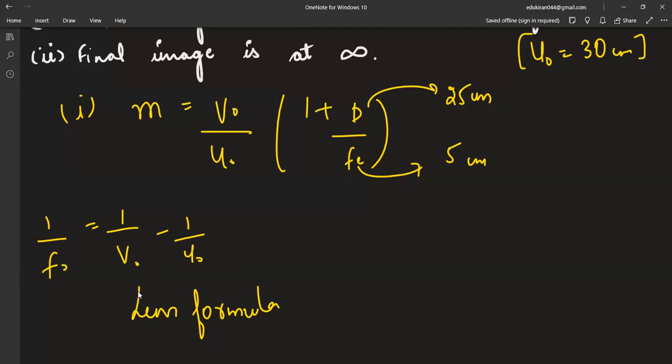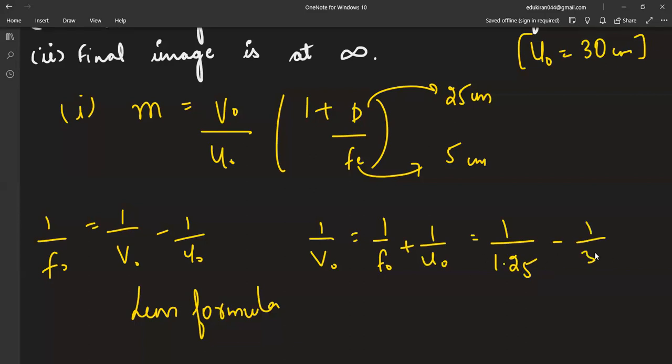That's why we'll be using the lens formula. Now see, 1 by V naught will be equal to 1 by F naught plus 1 by U naught. So 1 by F naught, this is 1.25, minus, because the object distance will be negative, 1 by 30. From here, V naught you will get, U naught is already 30, and magnification you will get from it.